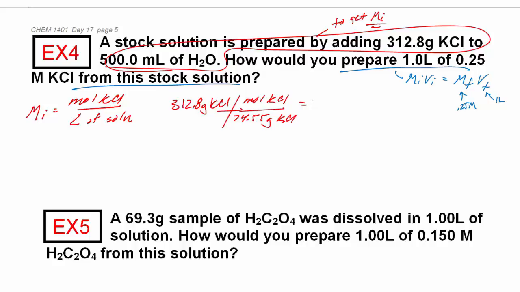That's about 4.2 moles. So my Mi is going to be 4.2 moles divided by 0.5 liters of solution. Just divide it by 1,000. 8.39 molar.